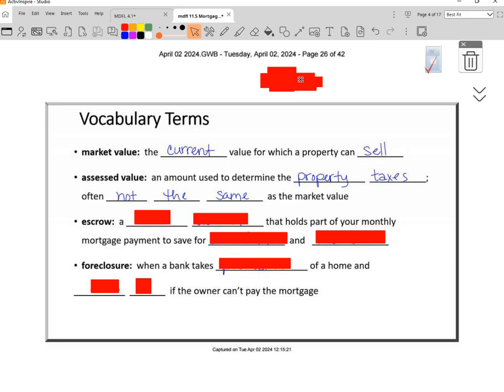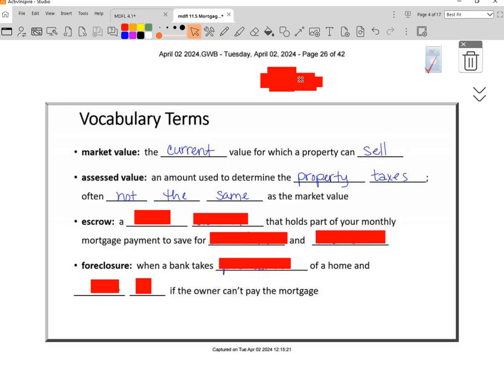Just like when you go in to buy a $20 shirt, you can't go in with just $20 because you have to pay tax on that, right? So you're going to pay that monthly payment to pay back your loan, but you're also going to have to pay a certain amount to cover your property taxes for that year. And you're going to pay a certain amount each month to cover your insurance premium for that home each year.